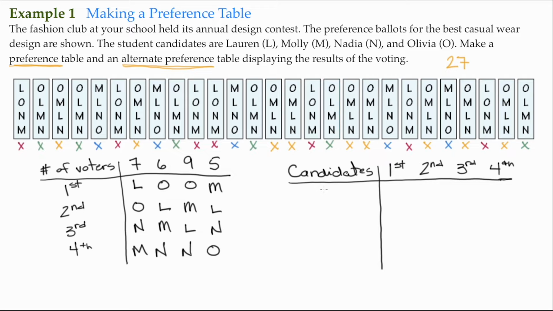We have Lauren. I'm just going to put in L, Molly, Nadia, and then Olivia. So for Lauren here, how many first place votes did she get? Here she is here. She got 7.